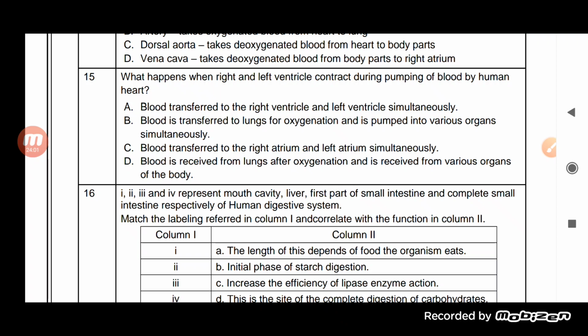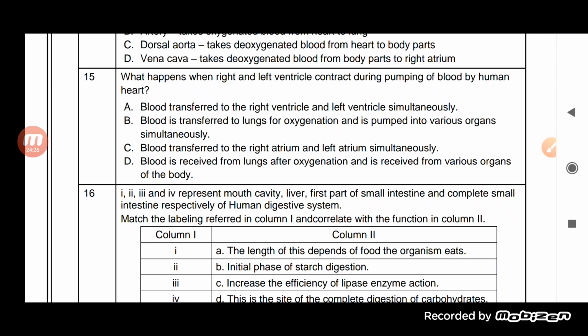Blood is transferred to the lungs for oxygenation and is pumped into the various organs simultaneously. Yes, this is the correct option, student, in which blood is transferred to the lungs and at the same time it is also pumped to the different parts of the body. Then blood transferred to the right atrium and left atrium simultaneously is also a wrong one. It is not like that.